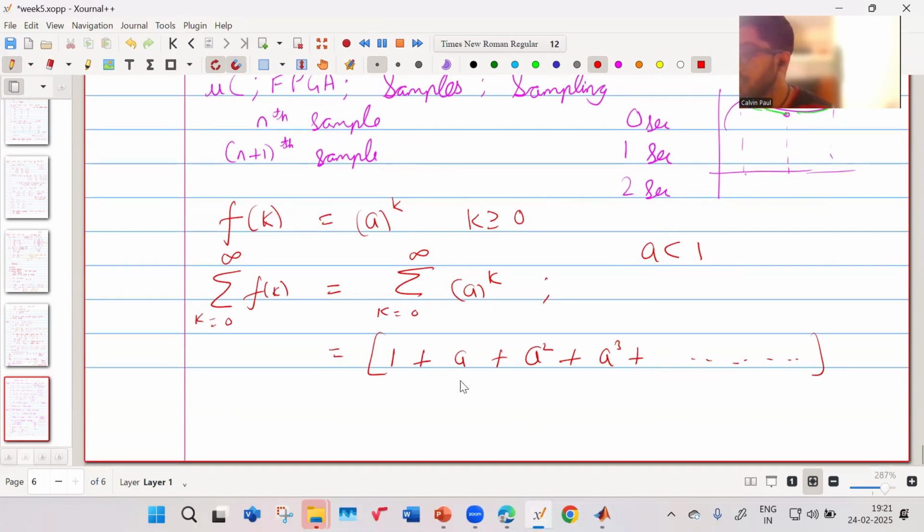So what is this sequence known as? Any idea?